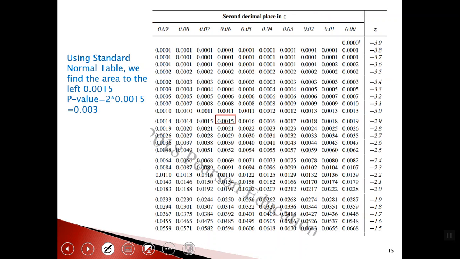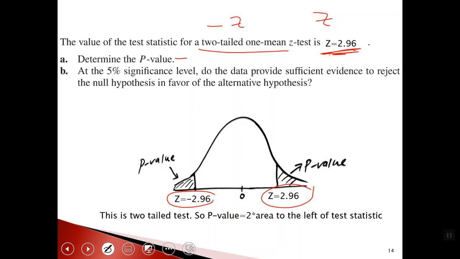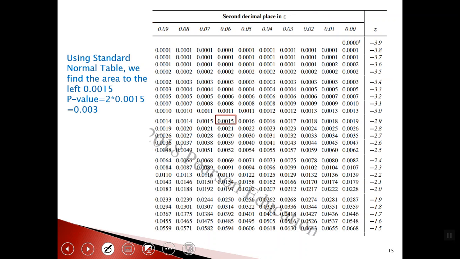Go to the z table and find the area that belongs to negative 2.96. Negative 2.9, then 0.06. Come along this column and along this row. This is your delta.